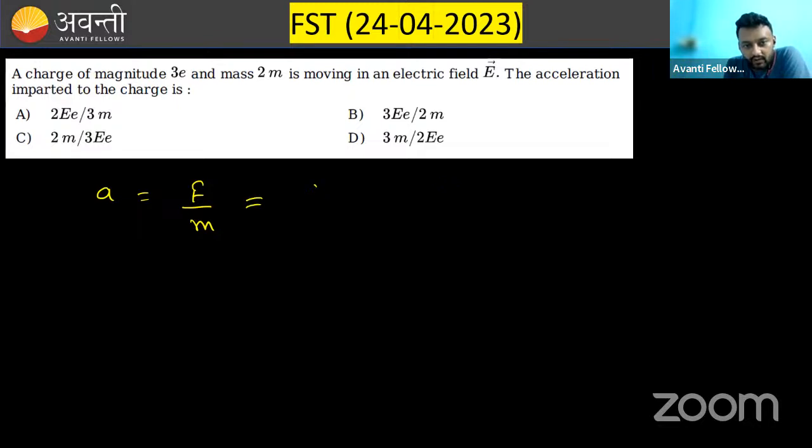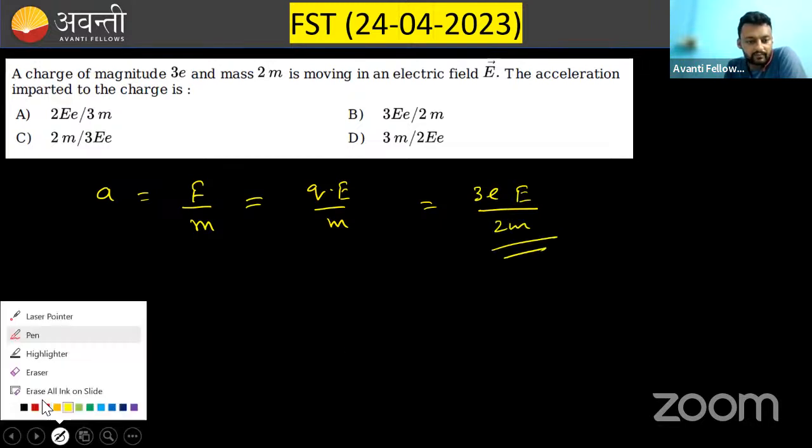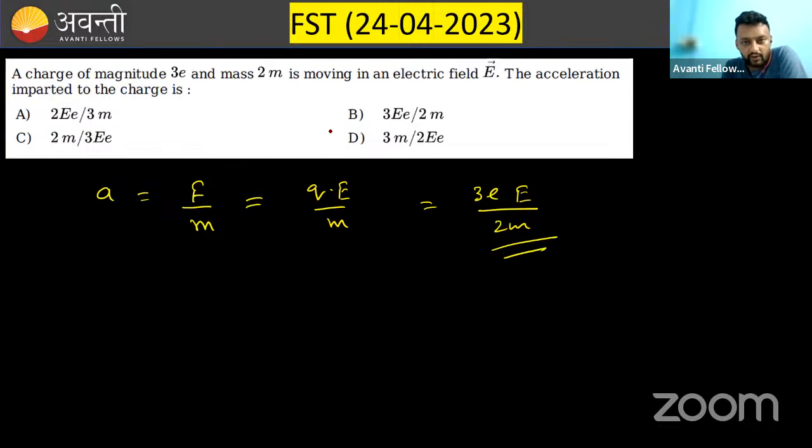F is equal to what? q into E by m. Now place the values. Charge is given as 3e and mass is given as 2m. So 3eE by 2m, which is option number B.